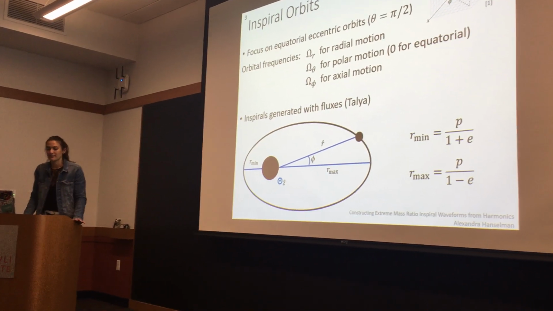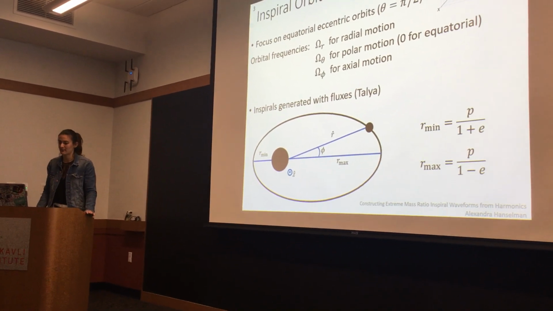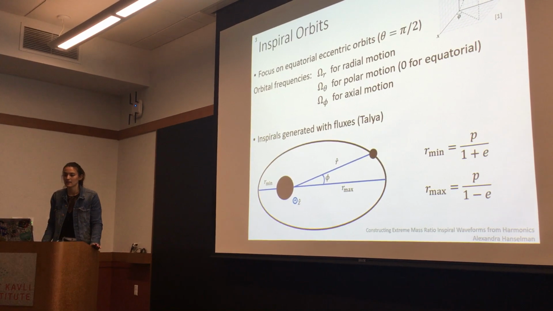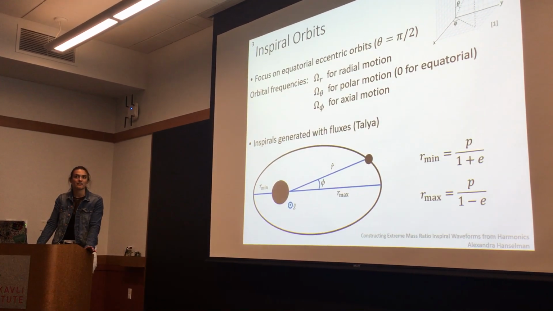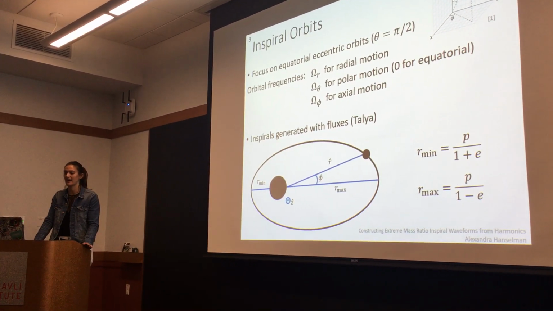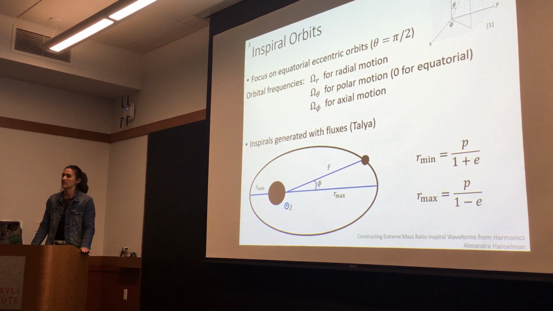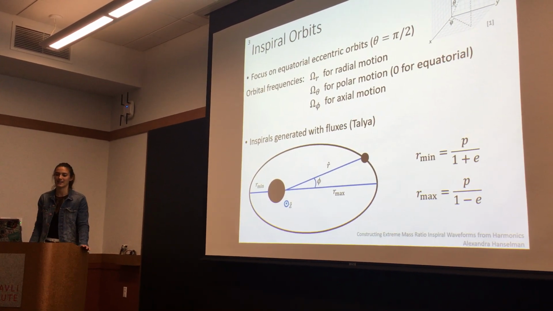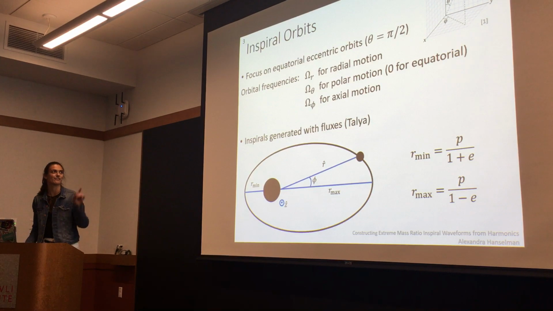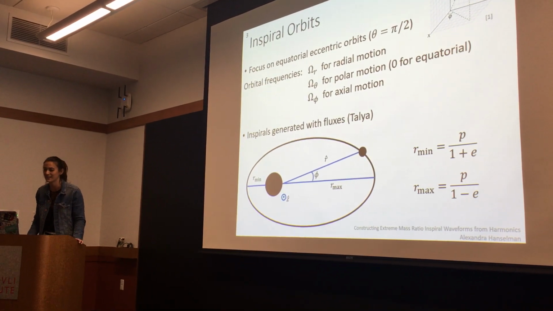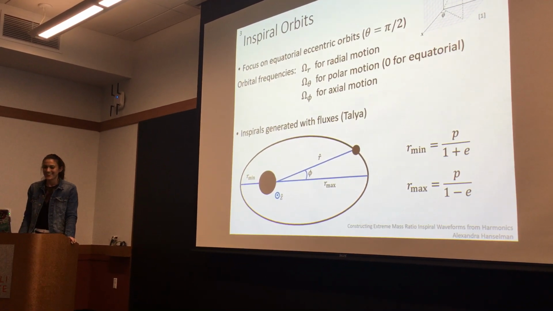So first to talk about inspiral orbits. Talya talked about this previously of how we actually calculate inspirals given fluxes. And in this research that we did this summer, we focused on equatorial eccentric orbits, which are when theta is pi over 2. I have included a graph of spherical coordinates just in case anybody forgot about those.